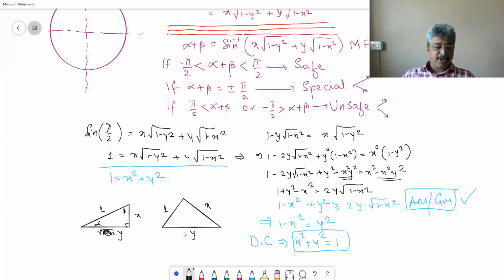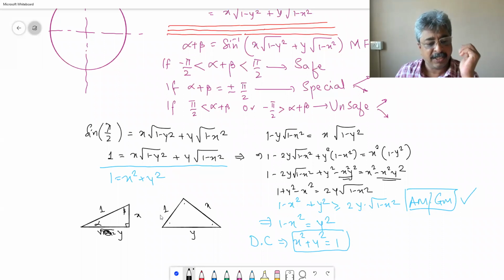And of course, x square will be less than 1, whatever. If this angle is acute, then x square, alpha plus beta. No. Condition. I think I am done.